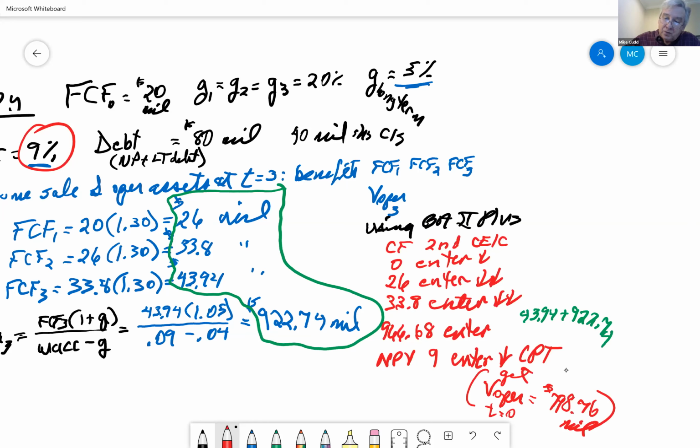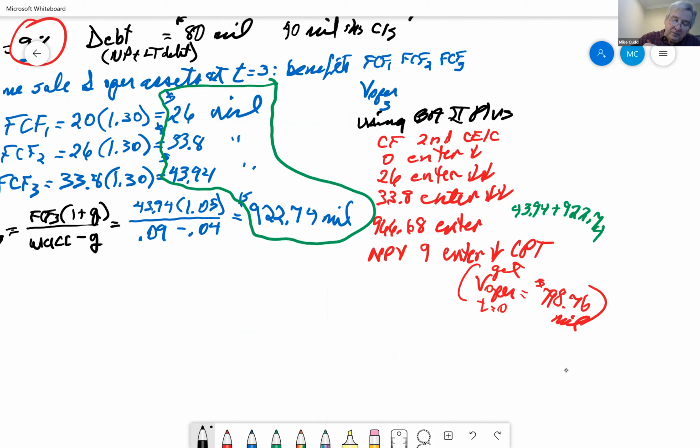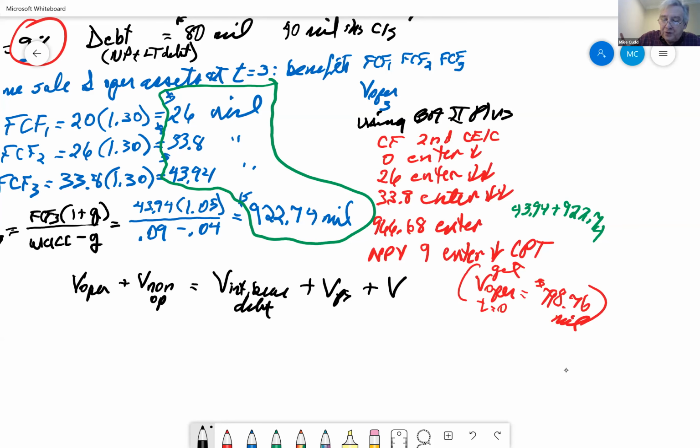Then I run this through the balance sheet equation. The value of operating assets plus the value of non-operating assets, which is marketable securities, is equal to the value of interest-bearing debt, plus I could have preferred stock if the company had some. We have found the value of operating assets is 798.76 mil.